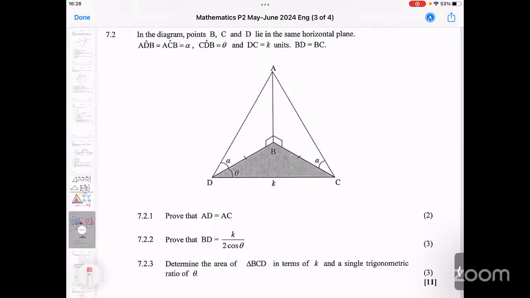And then we would use the double angle identity to say sine 2 theta is equal to 2 sine theta cos theta. And then BD over sine theta is equal to K over 2 sine theta cos theta. And then we would multiply both sides by sine theta, and then BD will be equal to K over 2 cos theta.